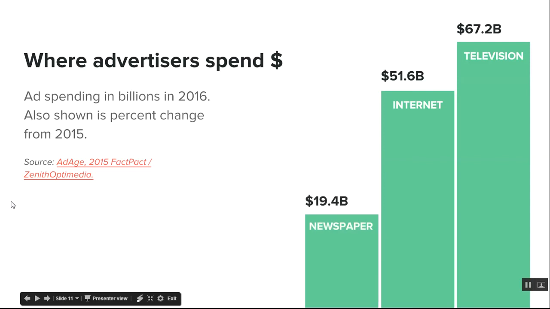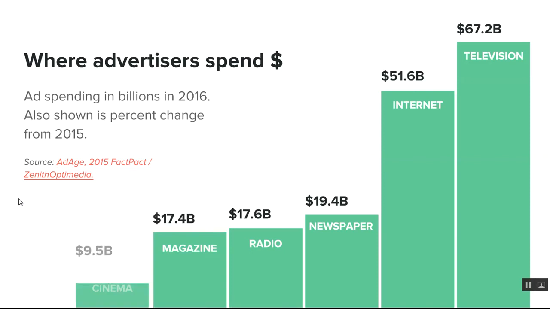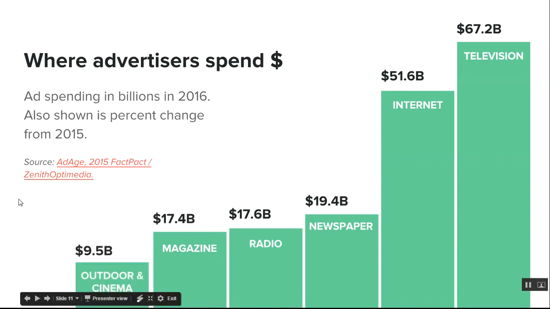And the next is newspapers, and this might be where you're surprised. Newspapers are still getting money from advertisers. Next is radio, then magazines, then outdoor. So this shows us where advertisers actually spent their money in 2016.